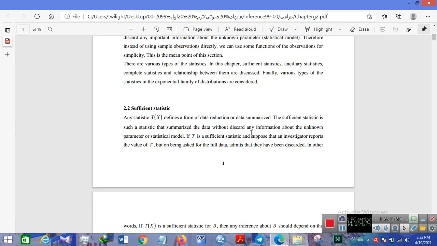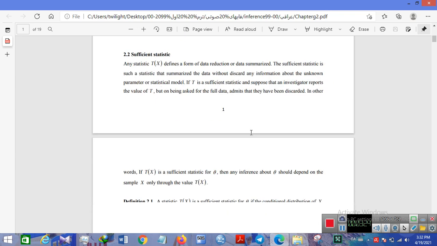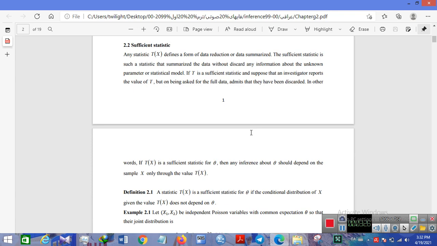If you want information about theta, we can use T(x) instead of the sample x. Now we give the definition of the sufficient statistic. A statistic T(x) is a sufficient statistic for theta if the conditional distribution of x given the value of T(x) does not depend on theta.